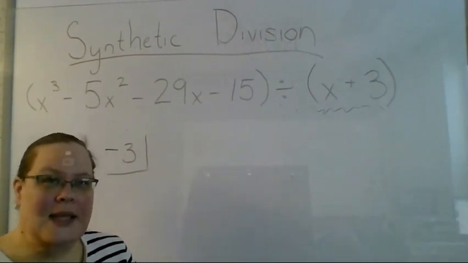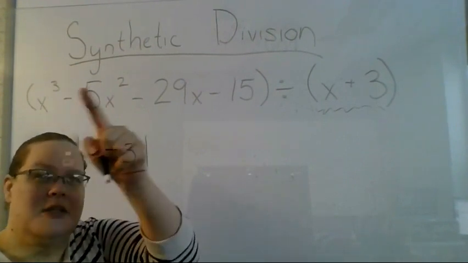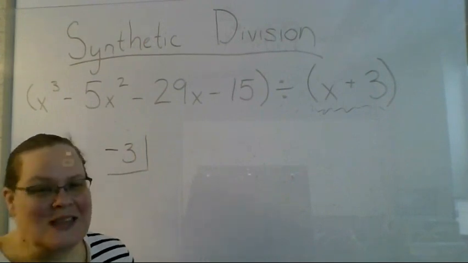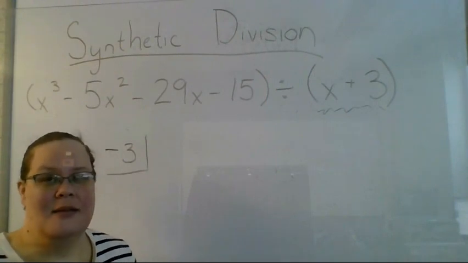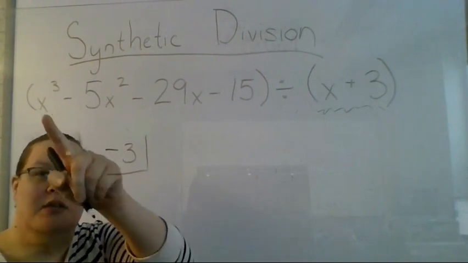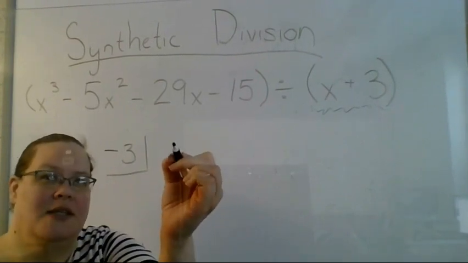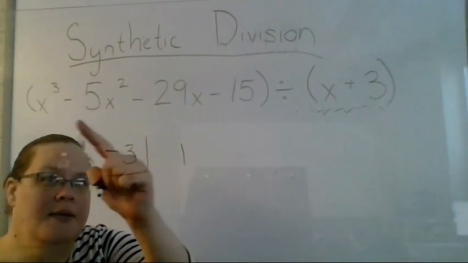Now the next thing I want to do is write the coefficients. We don't want any of the x's in there in this kind of division. We just want the coefficients. So as I go down this list, the first coefficient is a 1.